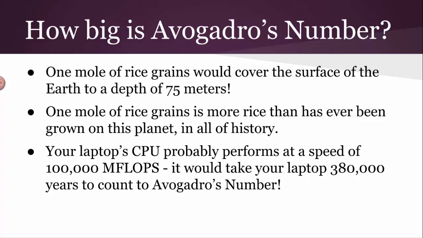That's how fast your processor is. If you had your laptop count up to Avogadro's number, it'd take just over 380,000 years. That's how big that number is. And that's at 100,000 megaflops. That's 100 billion counts per second.